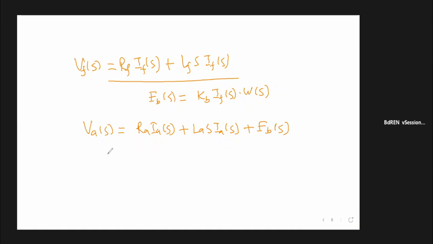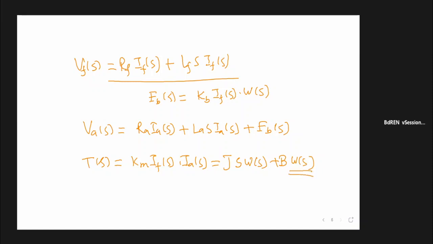Then your mechanical equation: torque T(s) is equal to Km IF(s) multiplied by IA(s), which is equal to J s omega(s) plus B omega(s). These are your three algebraic equations. Now you can solve them simultaneously to find your speed omega(s).